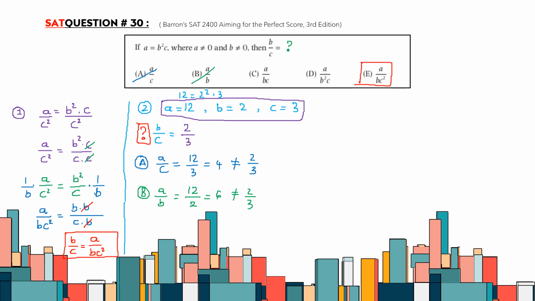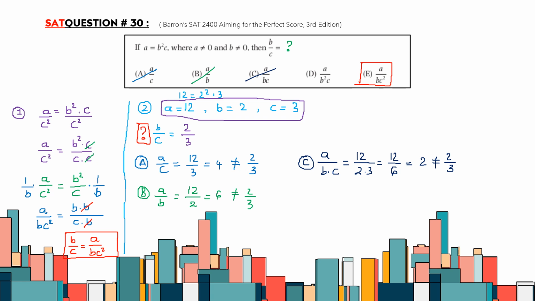Now we try C. A over B times C. A is 12, B is 2, C is 3. That is 12 divided by 6, since 2 times 3 is 6. That equals 2, which is not 2 over 3. So C is not the right answer.